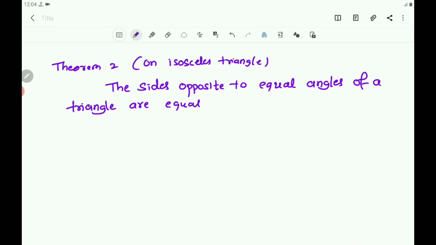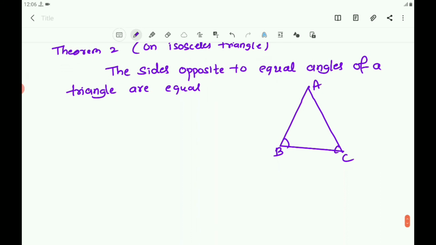That is the statement which is the converse of the previous theorem. Here we got a triangle ABC with angle B equals angle C, and what you have to prove? We have to prove that AB is equal to AC. The sides opposite to the equal angles B and C are equal. So let us prove this theorem.